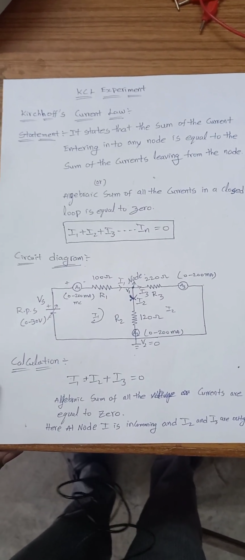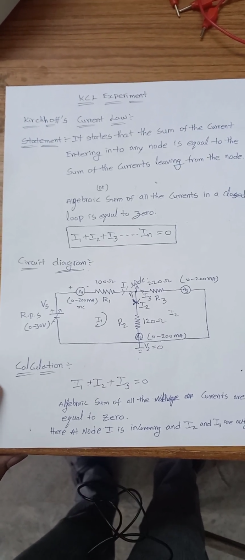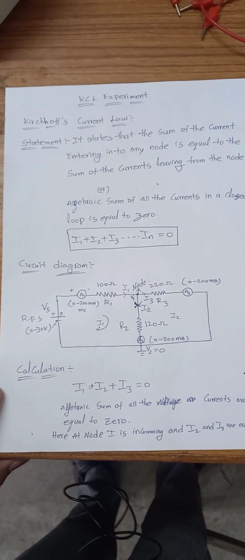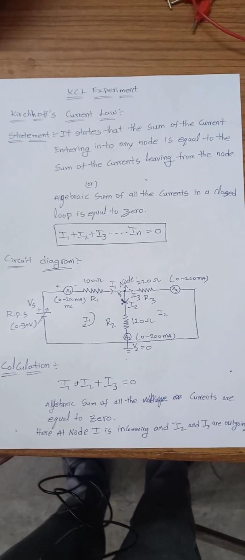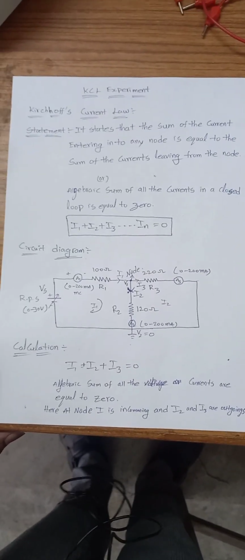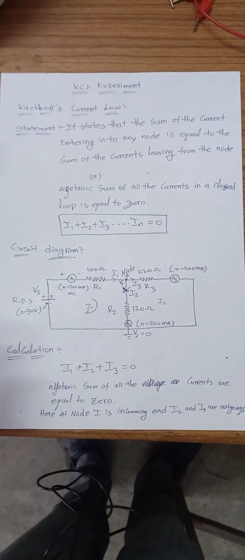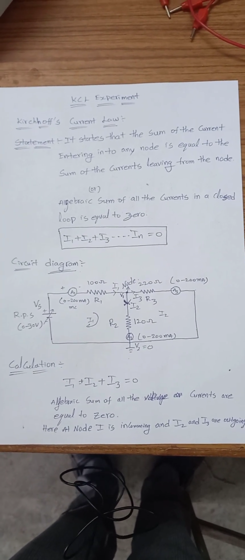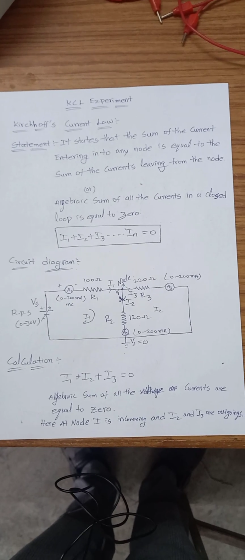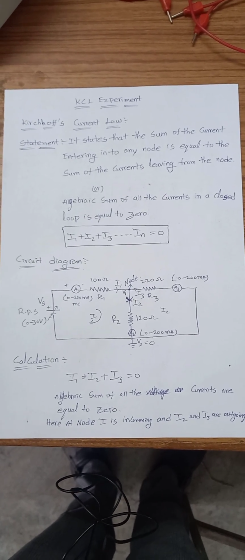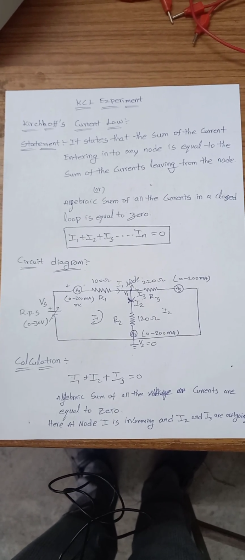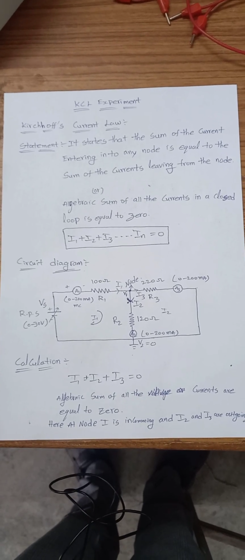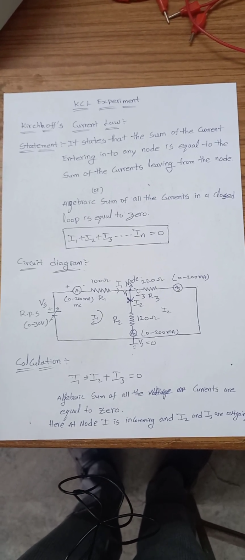Good morning, students. Next our experiment is KCL, Kirchhoff current law experiment. Okay, so these are the theoretical calculations. According to the statement, you remember, the algebraic sum of all the currents in a closed loop is equal to 0.